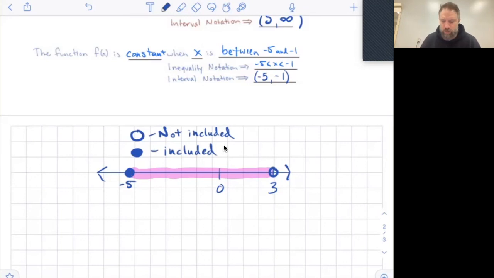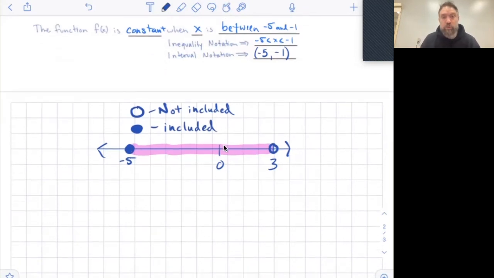All right, so to use inequalities, we would express this interval by saying x is greater than or equal to -5, but it's less than 3. Now, to express this interval in interval notation, what are we going to use?